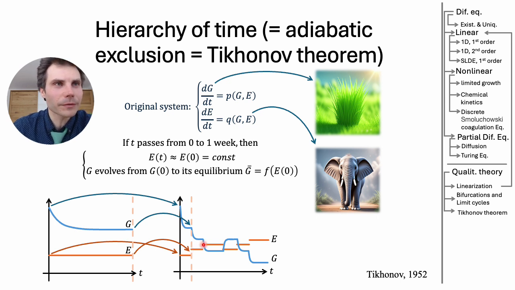Then another baby elephant was born. The grass almost instantaneously dropped again and again stabilized. Then 1 elephant died or migrated out from the population. The grass replenished a little bit, not entirely, not to the full original state, but a little bit, and so on.